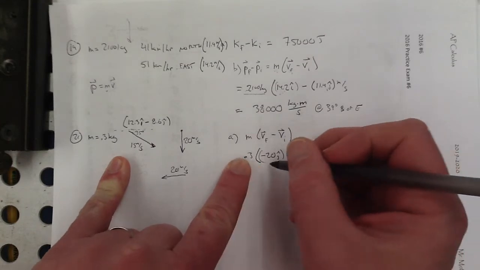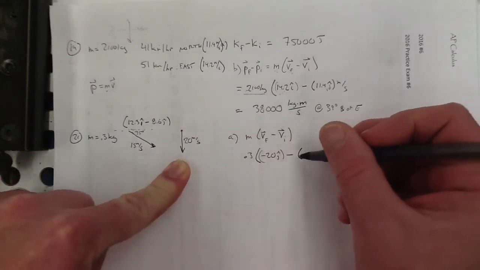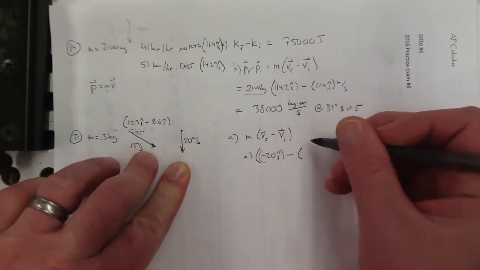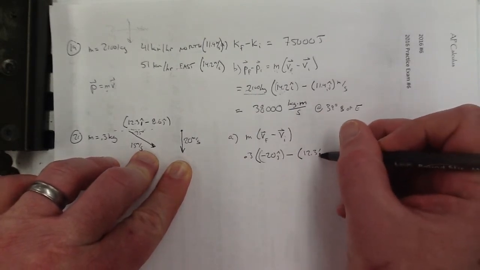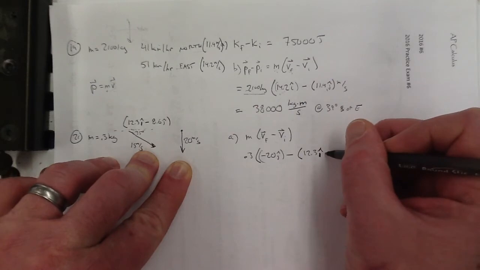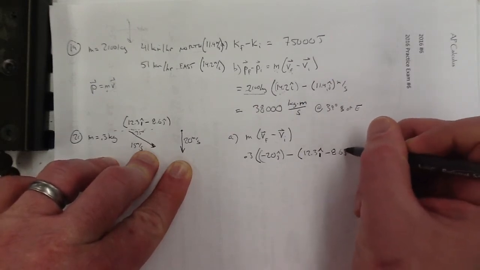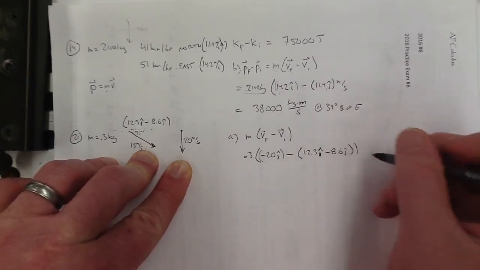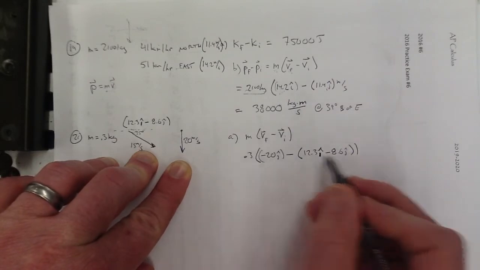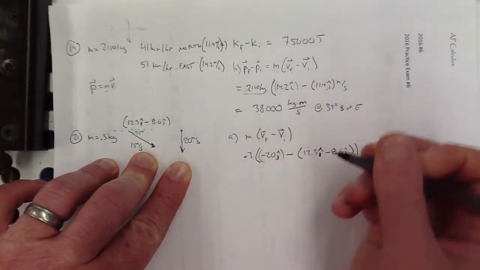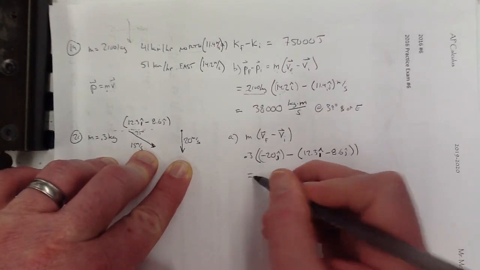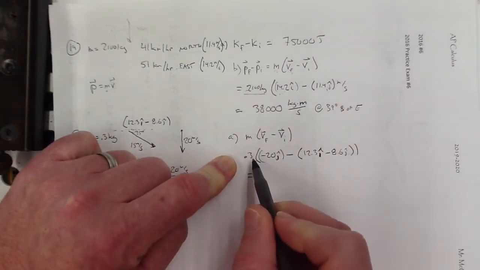So I got minus 20j, that's my final here, and then minus the initial, which is 12.3. God, I keep doing that. Stop it. Minus 8.6j. And remember, you can only combine the like things there. That actually is a j. And what do I have here for the j's?